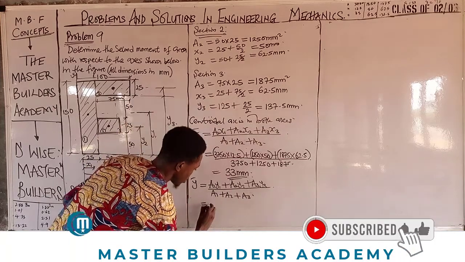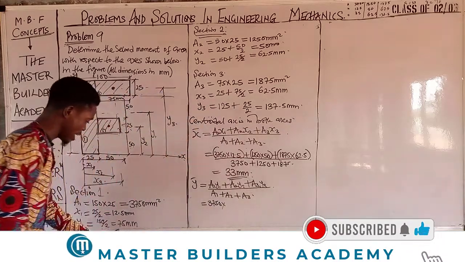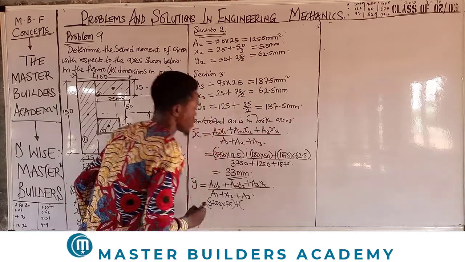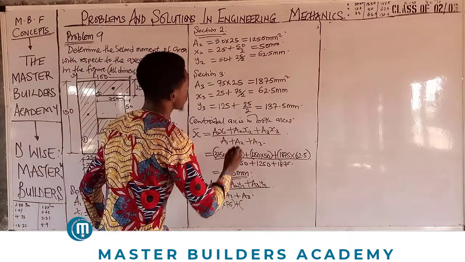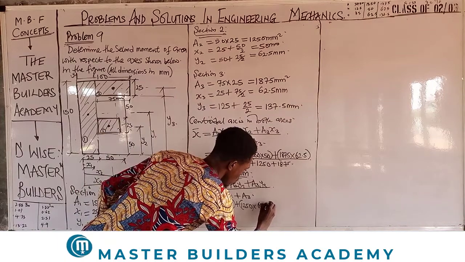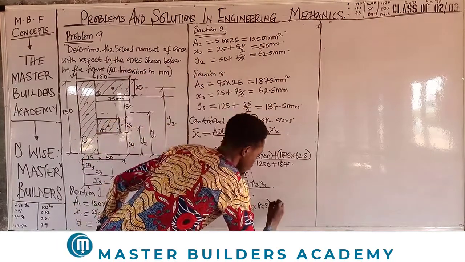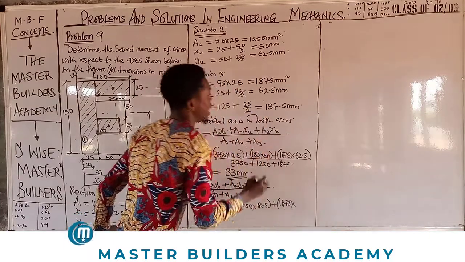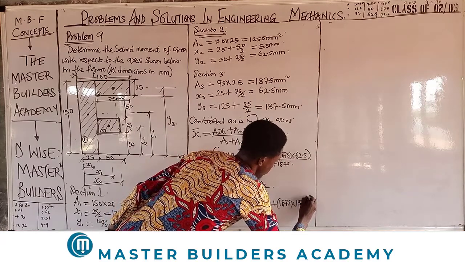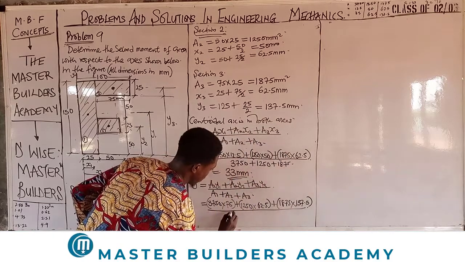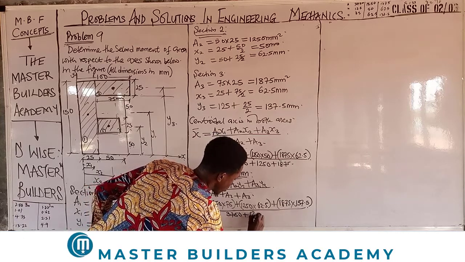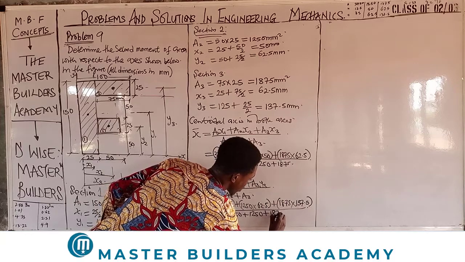Now what is A1? 3750 multiplied by y1, which was 75 as calculated, then plus A2, which is 1250, multiplied by y2, 62.5, plus A3, 1875, multiplied by y3, 137.5, all over the sum of the areas, which include 3750 plus 1250 plus 1875.